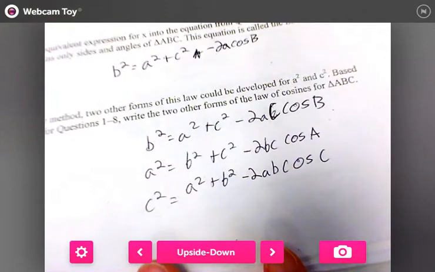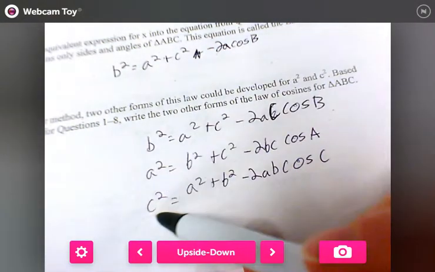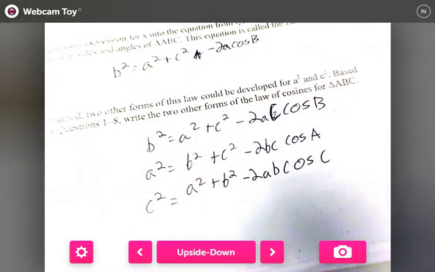So there's 3 different ways. What's nice is you can just plug these numbers in. So now I'm going to do an example where we're going to find a side using law of cosines. And then I'm going to do another example where we find an angle using law of cosines. Yes?